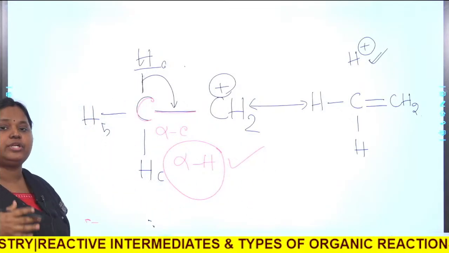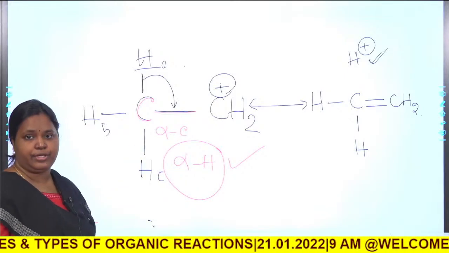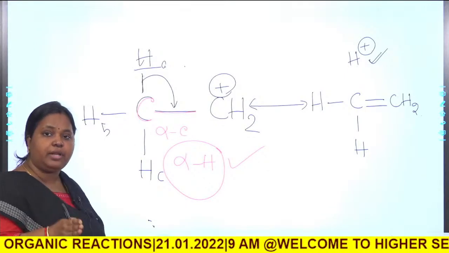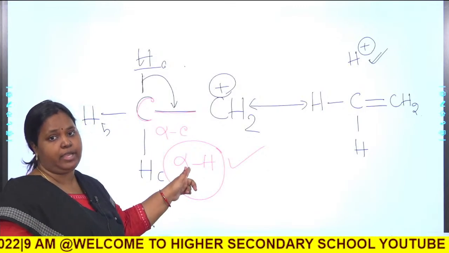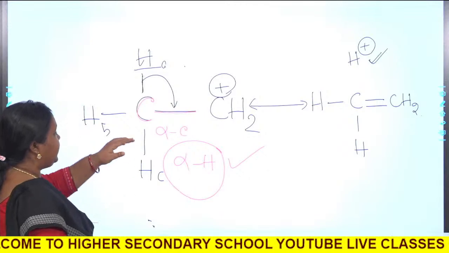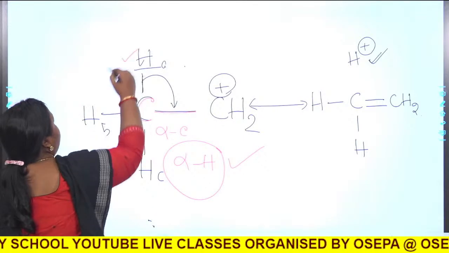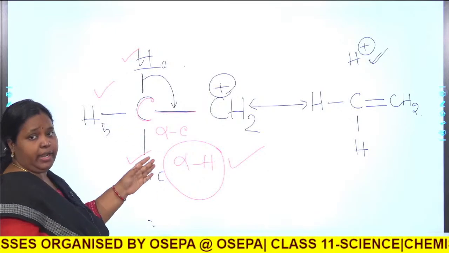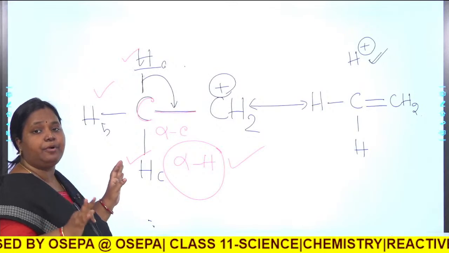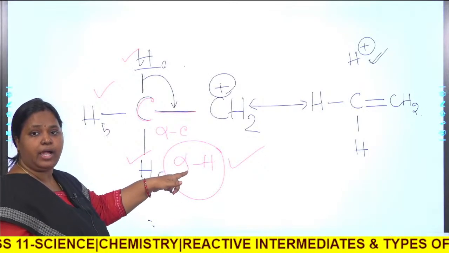Hyperconjugation occurs due to alpha hydrogens, and the number of hyperconjugating structures is equal to the number of alpha hydrogens present. So how many alpha hydrogens are here? This is the alpha carbon. So 1, 2, 3. For this carbocation we can write 3 hyperconjugating structures because of the presence of 3 alpha hydrogens.